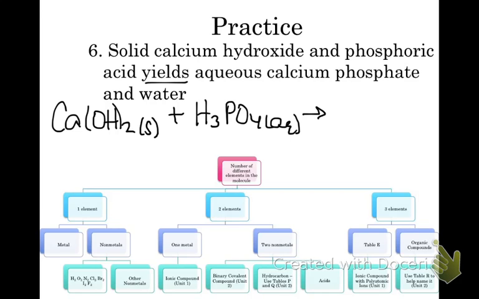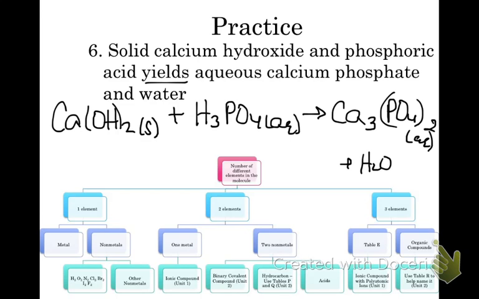Yields, which is that arrow, calcium phosphate, so calcium is a +2, phosphate's a -3, so it should be 3 calciums for every 2 phosphates. And they said it was aqueous, and water. And at standard temperature and pressure, we can assume that that water is going to be a liquid.